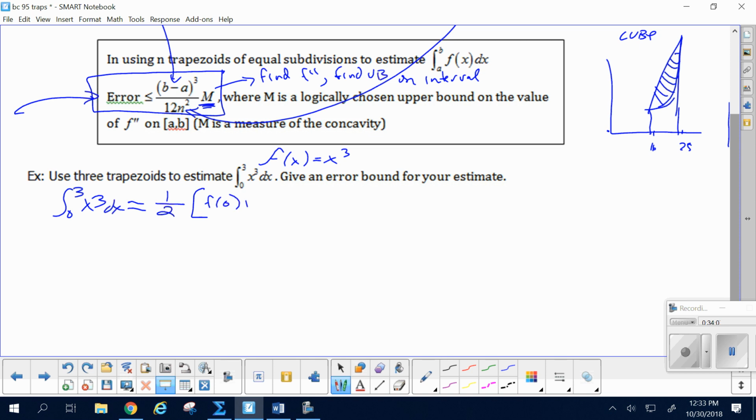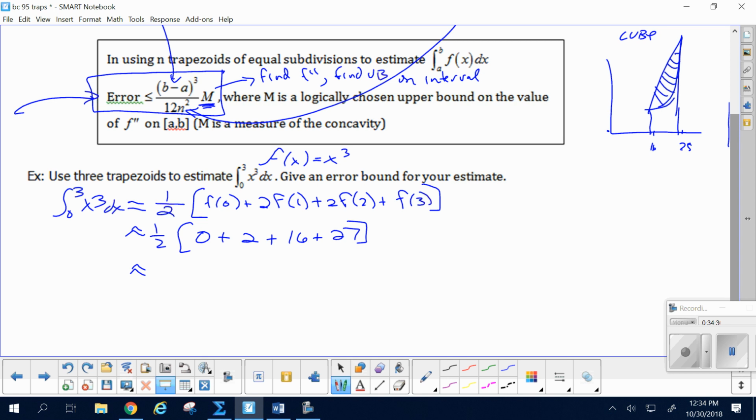F at 0 plus 2f at 1s plus 2f at 2s plus a single f at 3. Okay? 1/2, 0 plus 2 plus 2 times 8, so 16 plus 27. My estimate is 10, yeah?